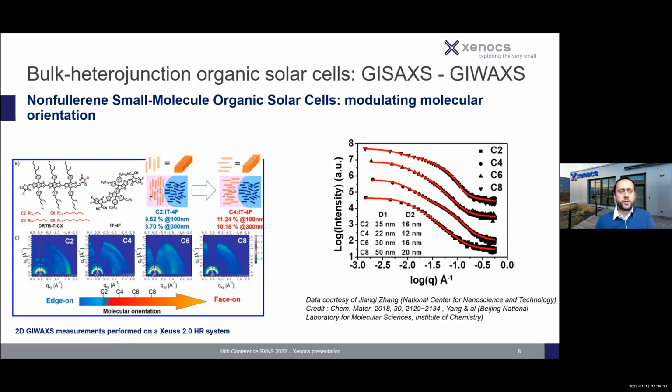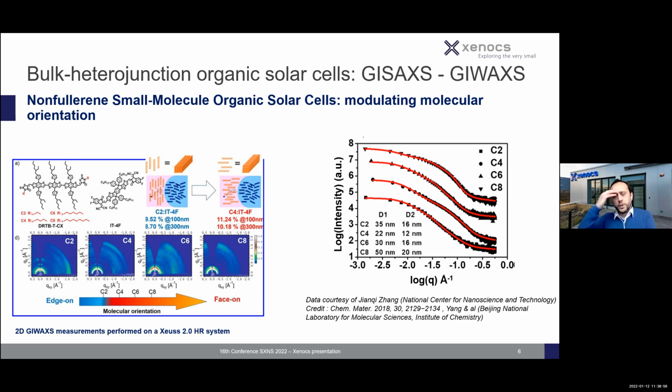The purpose of this particular work was to control the molecular orientation of small molecule OPV devices by changing the length of the end alkyl chain, which is in red, represented here in the formula. They were able to show that by increasing the length of this alkyl chain, the preferred face-on orientation was obtained.